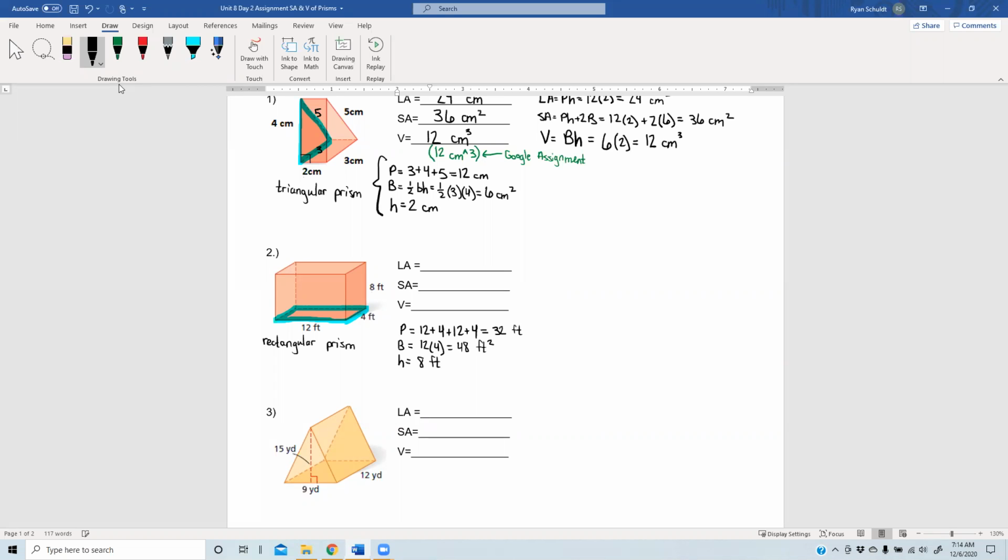So now we have all the three pieces we need to just plug into our formulas. So LA, we just need to do big P times H. So that's going to be 32 times 8, which gets us 256 feet squared.